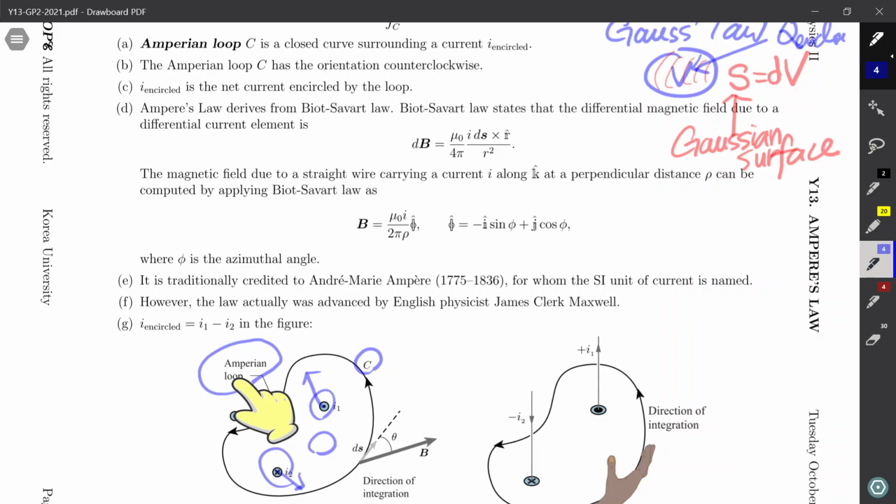And the current I is summed over the surface as a current density.